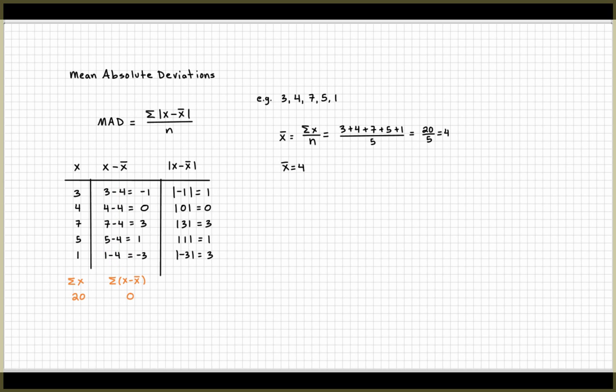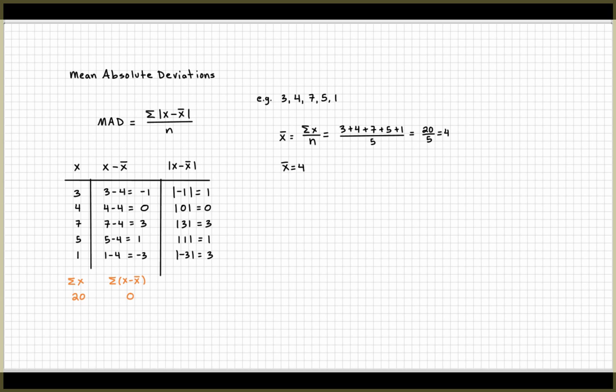Well, it turns out that the sum of the deviations from the mean should be very close to 0. In this case, because we're using very nice discrete numbers, very easy to operate. When we start operating with fractions, decimals, and so forth, sometimes these values get a little bit hard to manage, and so the sum of this column doesn't quite sum to 0, but it should be pretty close to 0. In this case, it is going to be 0.